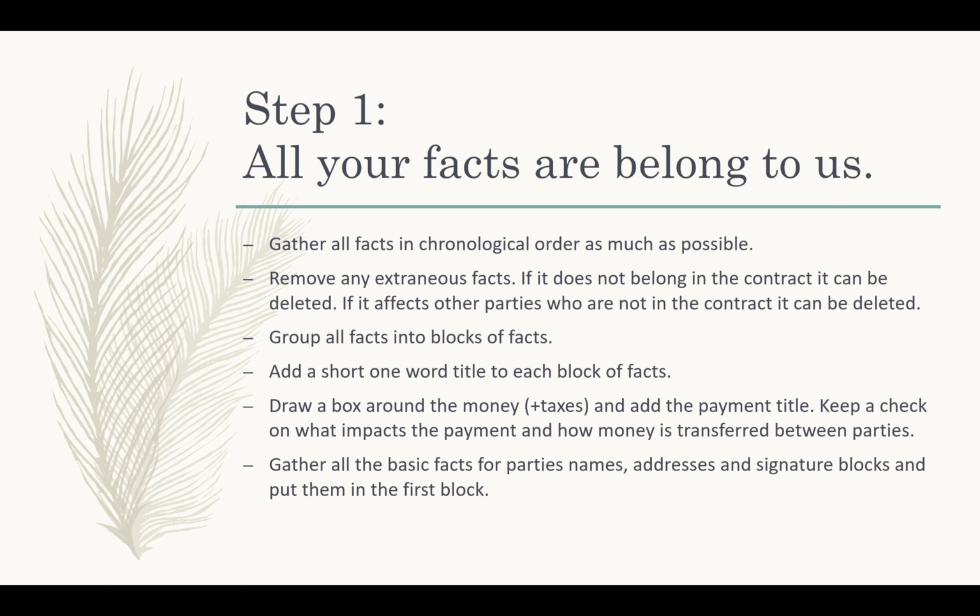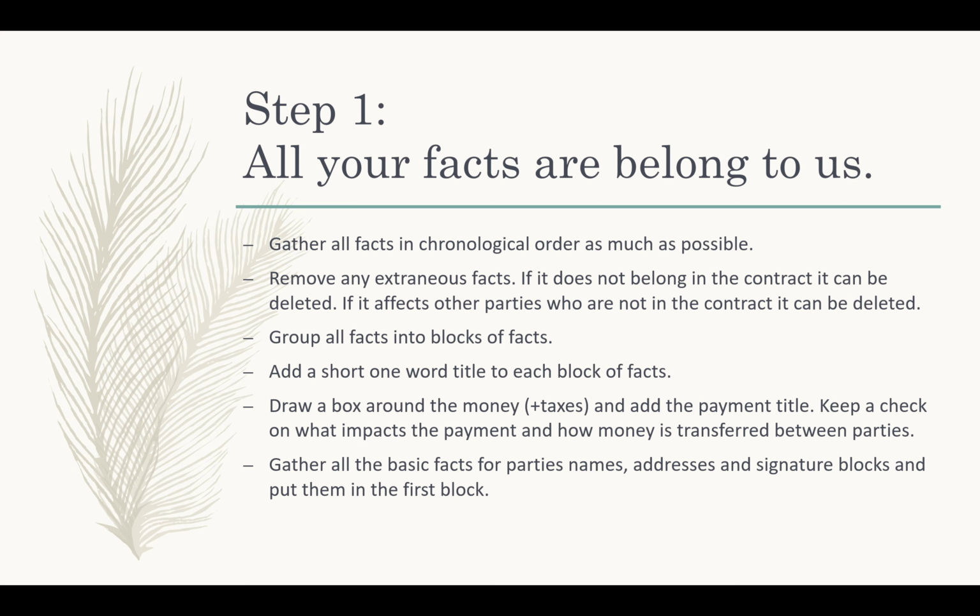And the other thing to do is, if it doesn't belong in the contract, you can just remove it. It does not affect you, it does not affect the other parties, whoever's in the contract. Then it's just a fact that's out there in the wild and does not need to be added to your contract.